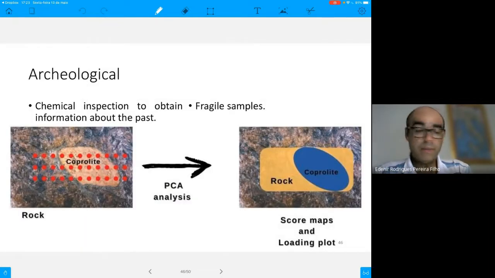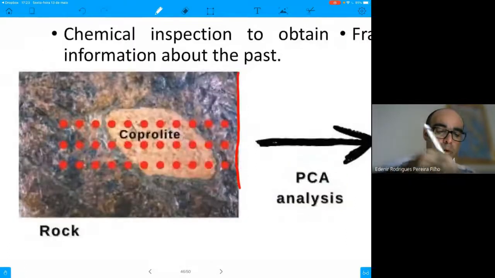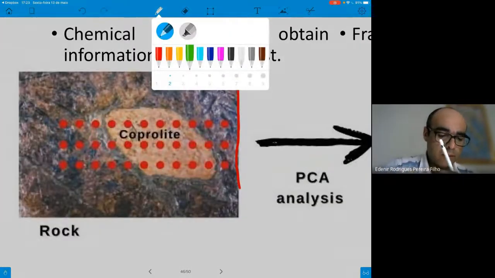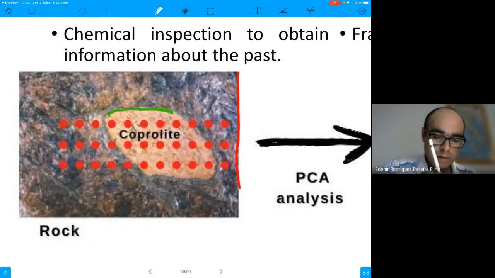We also use LIBS for archaeological measurements. In this picture here, we have a coprolite. A coprolite is this sample here. Coprolite is the feces of dinosaurs that is in a rock substrate.